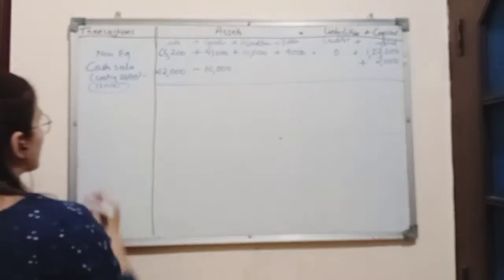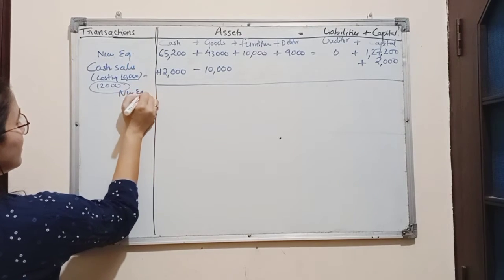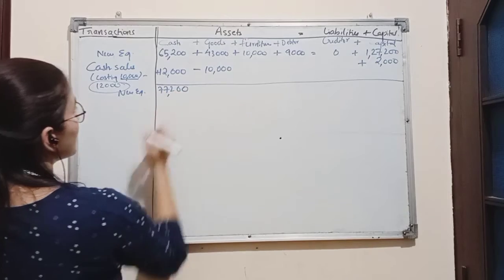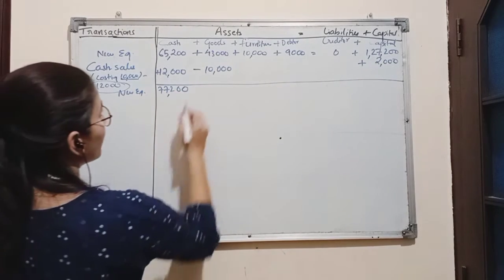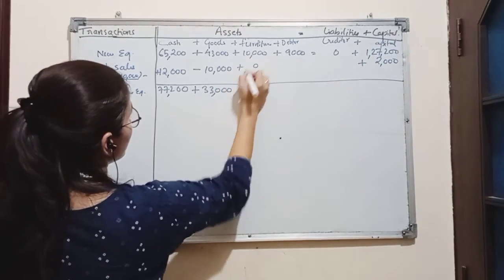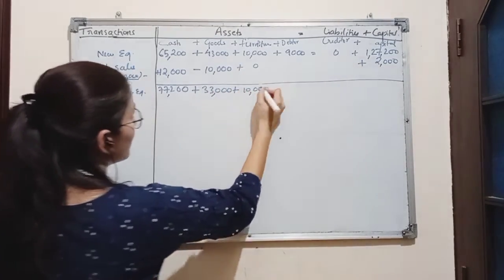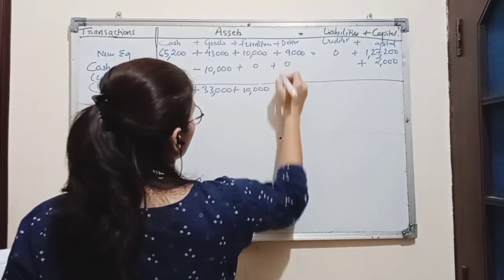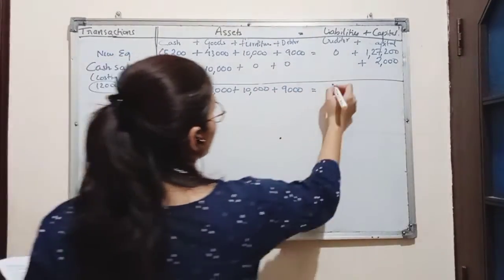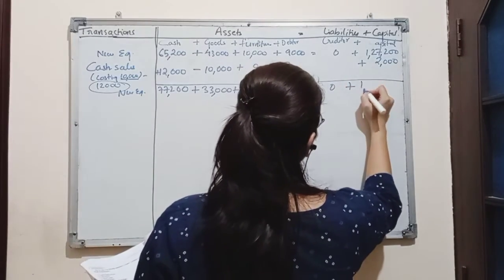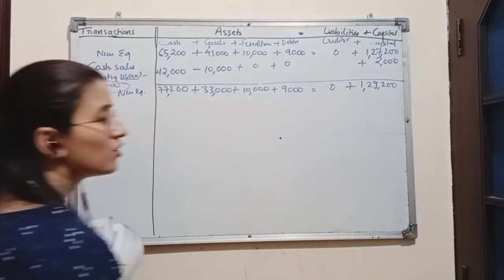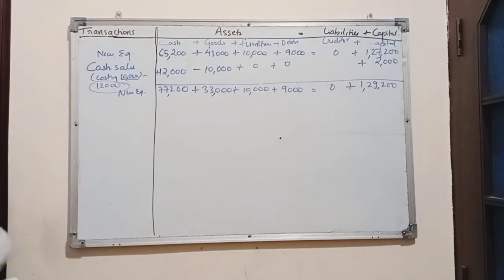So by solving this transaction, we will get a new equation where cash amounting to rupees 77,200, goods 33,000, furniture 10,000, debtors 9,000, creditors 0, and capital will be 1,29,200. This is the new equation.